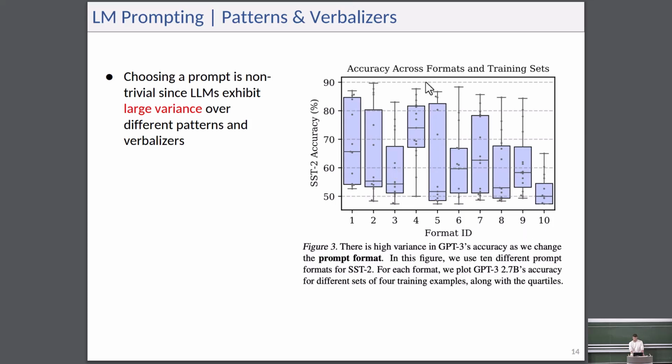The reason why we have vertical distributions is because they have done several tests, changing the splits. And we see that the distribution, depending on the set, can vary a lot depending on your prompt. So if you change the pattern and verbalizer, you can literally go from a not so well working model to possibly the best performing.